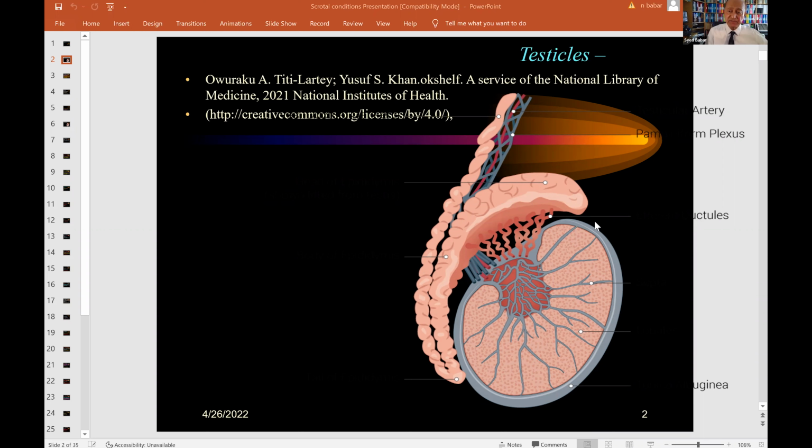This is the testicle covered by tunica albuginea, the white tough membrane, and it has numerous compartments separated by various kinds of septa, in which convoluted secretory tubules called seminiferous tubules are kept. These produce sperms in their evolutionary forms, and are then connected centrally towards the hilum into the rete testis.